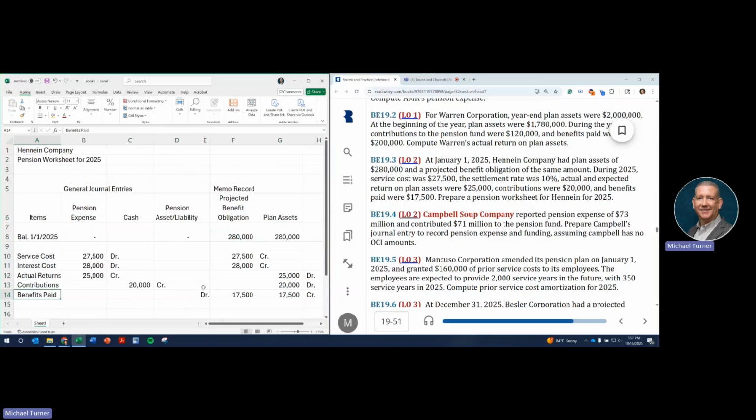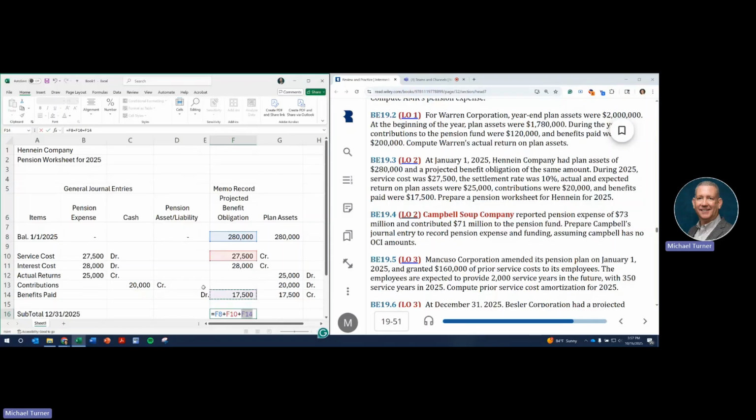Now let's do a subtotal here. So a subtotal at 12/31/2025. And I want to see what's going on over here. So the balance of my projected benefit obligation started as a credit of $280,000. I add another credit of $27,500.